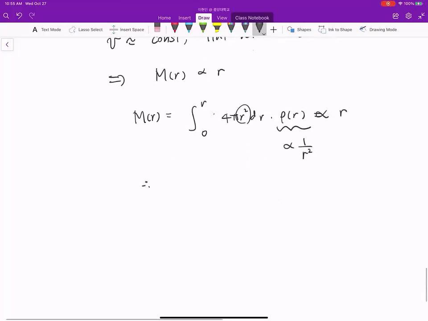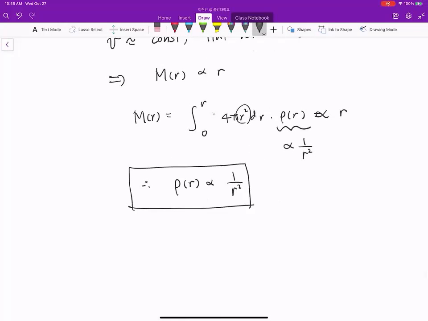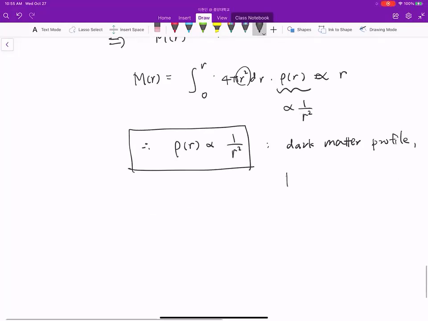So therefore, there's an unknown form of matter with this profile. So dark matter peaked at the center of the galaxy, just by simple reasoning.